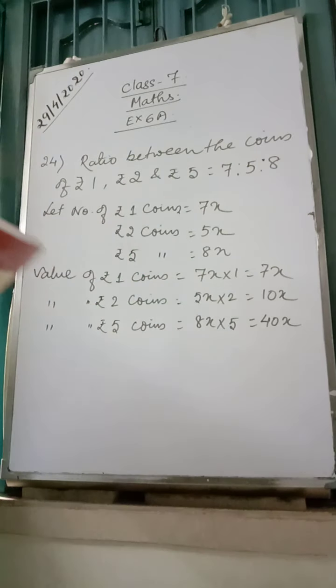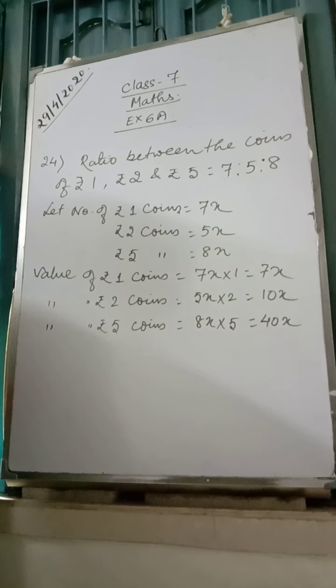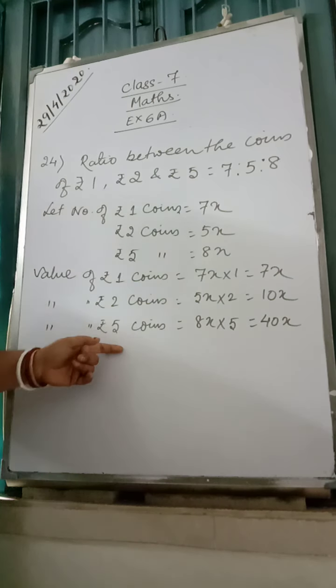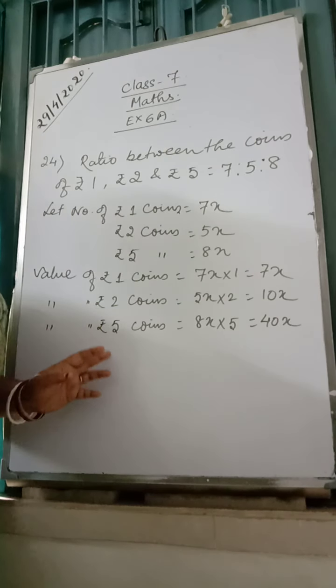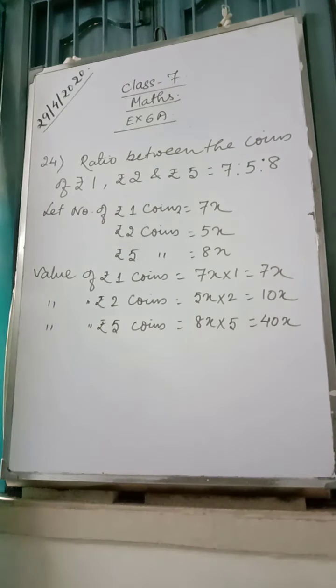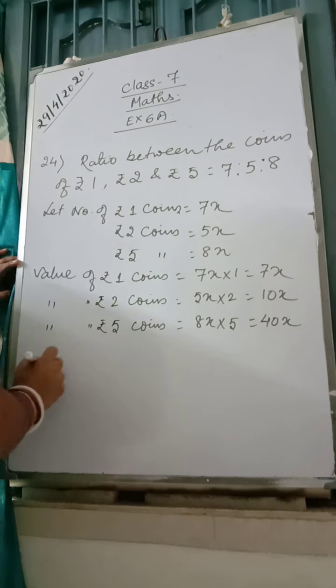If you have 10 coins of 2 rupees, what is the value of the total 10 coins? That is 20 rupees. If you have 3 coins of 5 rupees, you have 15 rupees, not 3 rupees, because one coin's value is 5 rupees. So if the number of coins is 8x, the value would be 8 into 5, 40x.